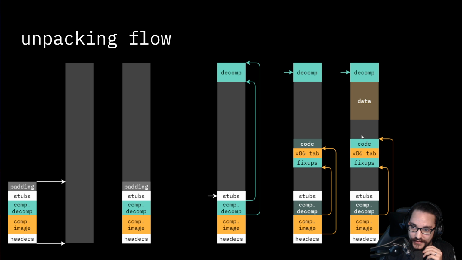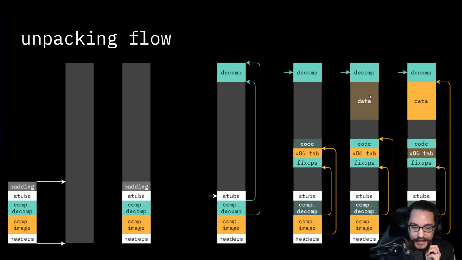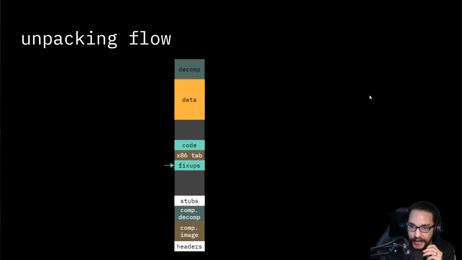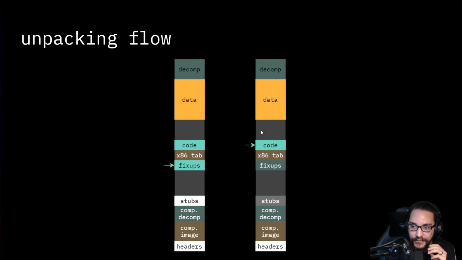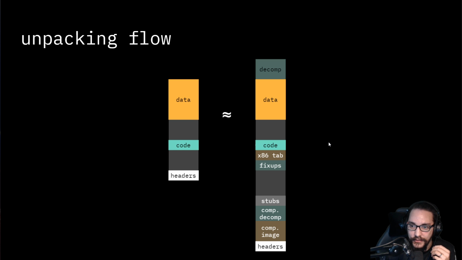And then eventually it will go through this empty space, decompress that, and then decompress this data, and then it'll be finished with that decompression stage. And then it will jump into where there's these fix-ups, so it'll do your imports, it'll unfilter the code a bit, and then finally it will jump into the original code of the executable. And you'll notice that this is roughly equivalent to what the original image would have looked like before any of this compression.